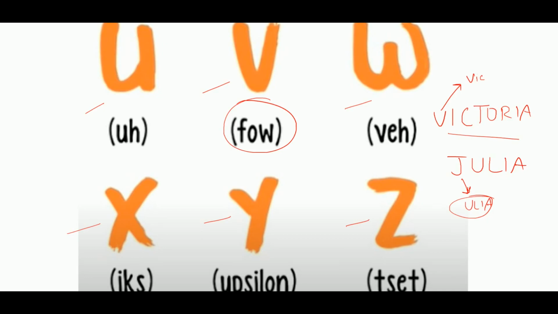So make sure, friends, whenever you are taking somebody's name, it's always 100 times better that you ask her or him in advance how to pronounce their name. This is the name of a colleague of mine.